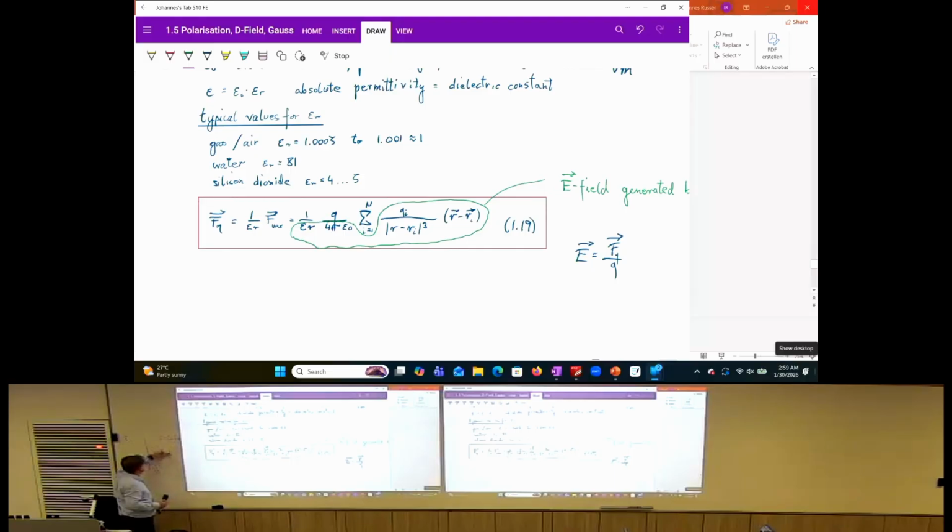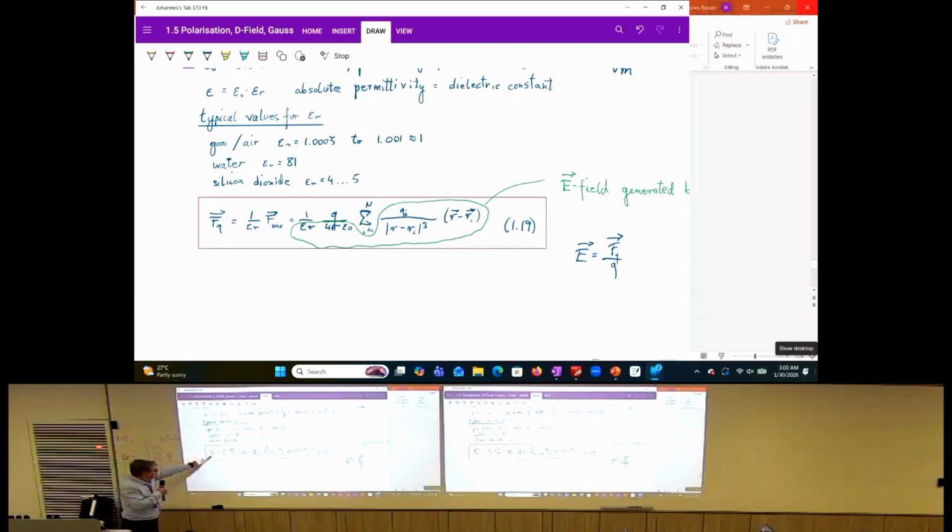You have your charge here, and you're looking at your E field point here. Let's say this is your second medium, and this is your first one. The relative permittivity of the first medium would be just 1.